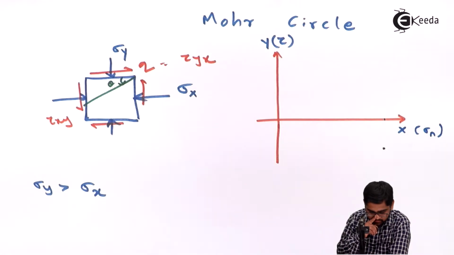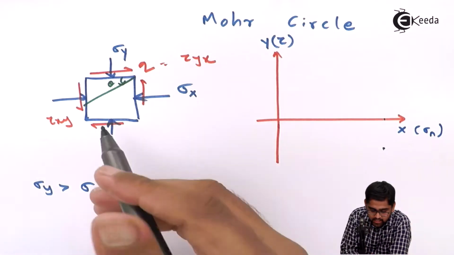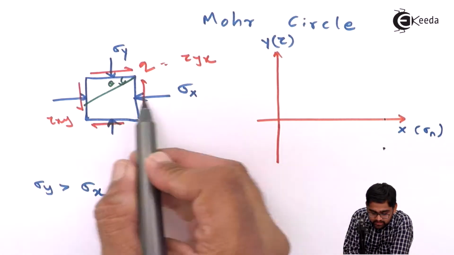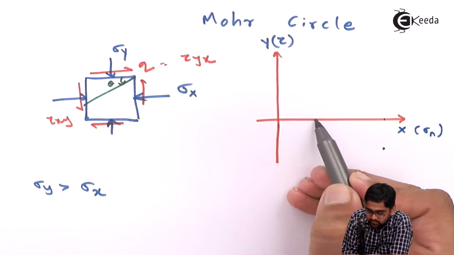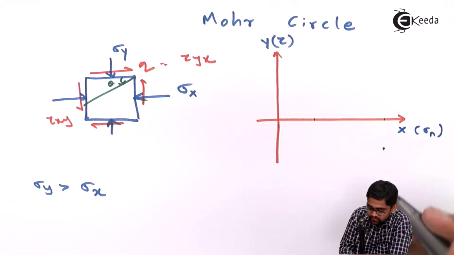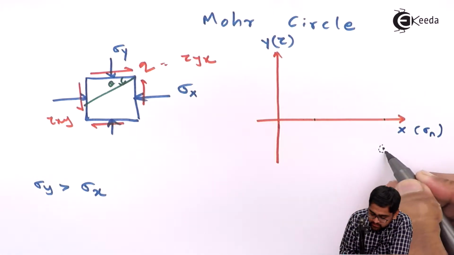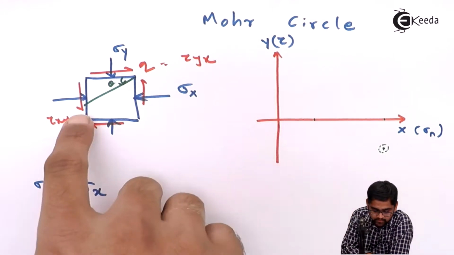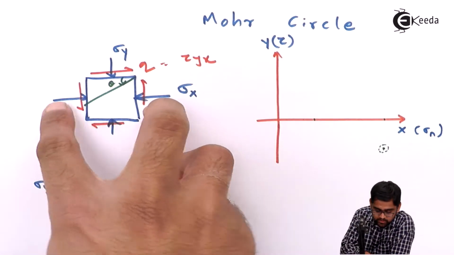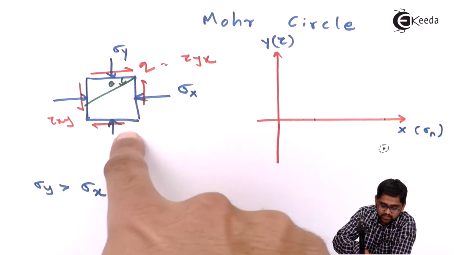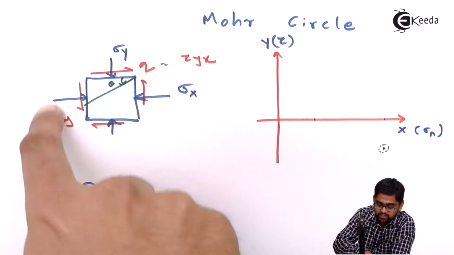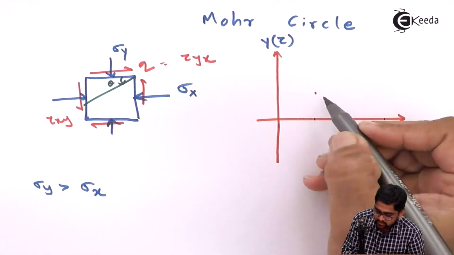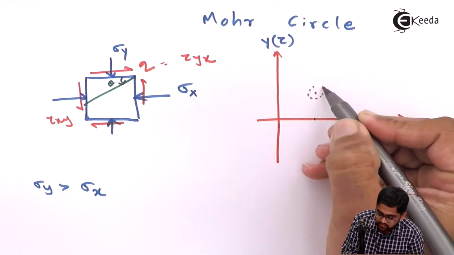On this axis the value is sigma x, so it falls here somewhere. So the first point we've got is like this. And then the second point: sigma x comes here, and on this plane the shear stress acting is anti-clockwise, so anti-clockwise in the plus direction, q value. So this is the second point under consideration.